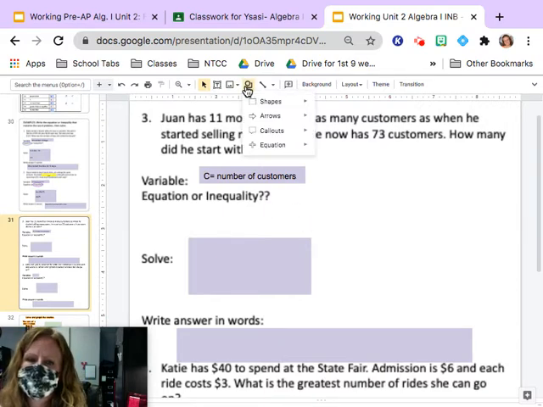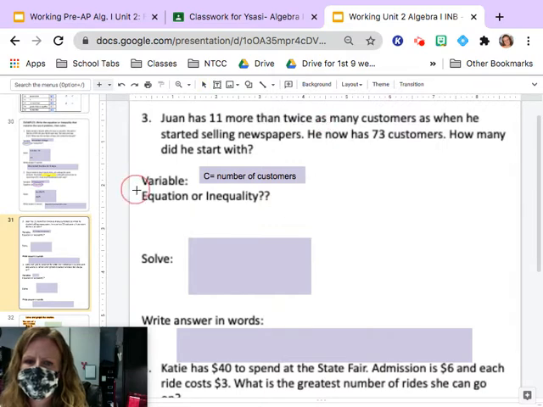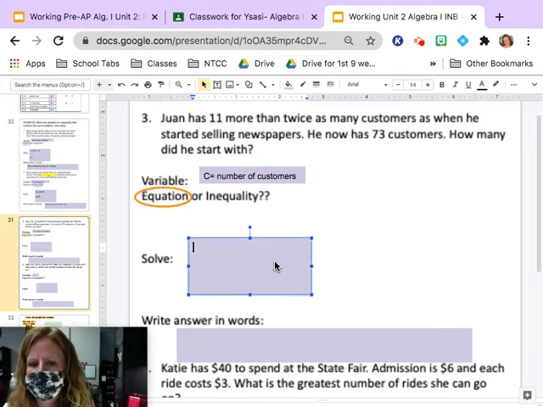Would it be an equation or inequality? Equation, because he now has 73. Change transparent, change the color, change the thickness. And let's write the equation.